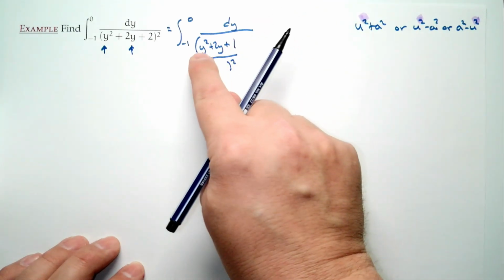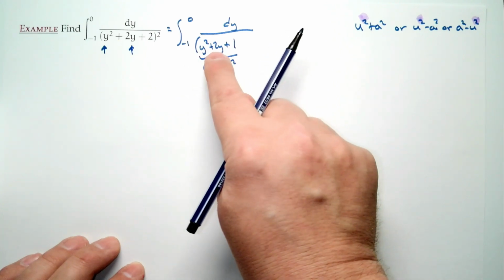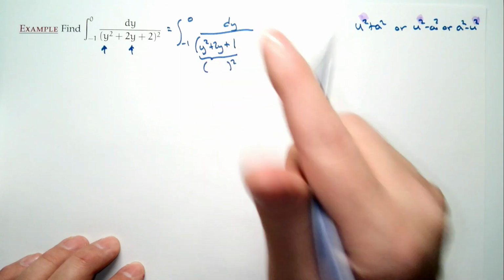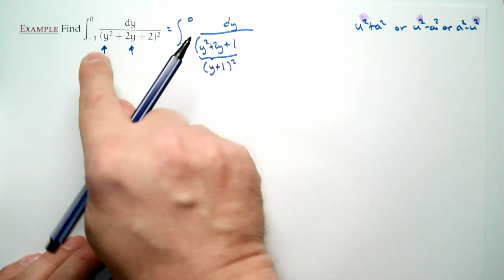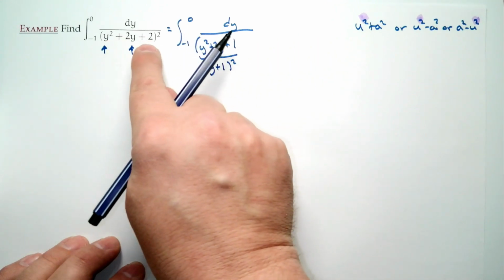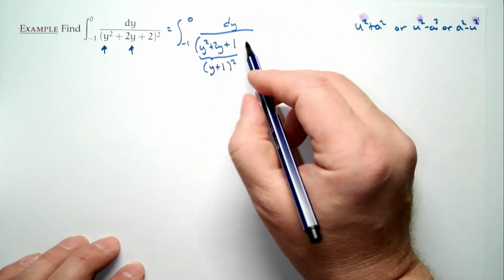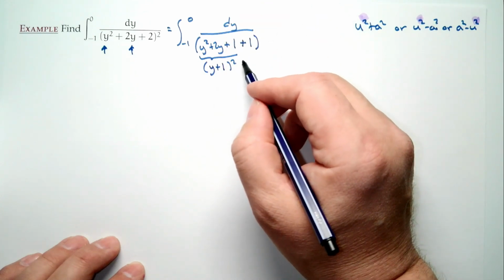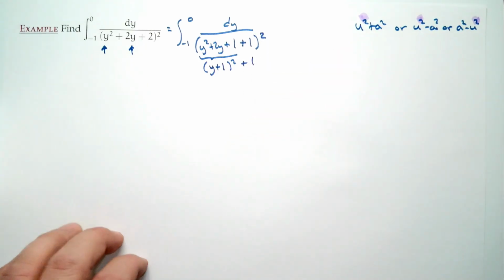So the rule is, assuming that what's in front of your y squared is a 1 coefficient, take the middle term, divide by 2, square it, and that's what you add. So if you did that, you get y plus 1 quantity squared. Now notice, we have y squared plus 2y plus 2. We've only added plus 1, which means we still have a plus 1 left over. So the denominator really looks like y plus 1 quantity squared plus 1.